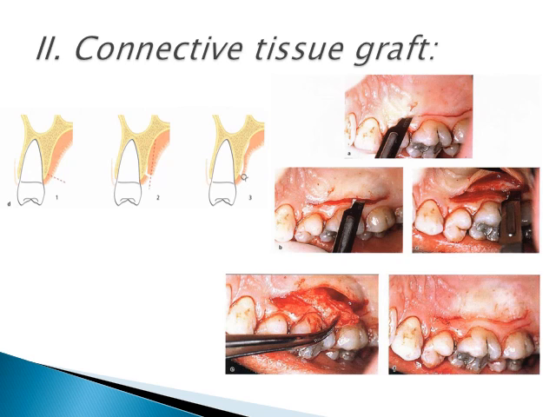Connective tissue graft. As we mentioned before, the connective tissue graft contains only connective tissue without the layer of epithelium, and it is obtained from the underlying flap of the palate by making two incisions in the palate, one more superficial and the other deeper, and withdrawing the graft as we see and transferring it to the recipient site and suturing the donor site, and healing in this donor site is by primary intention.